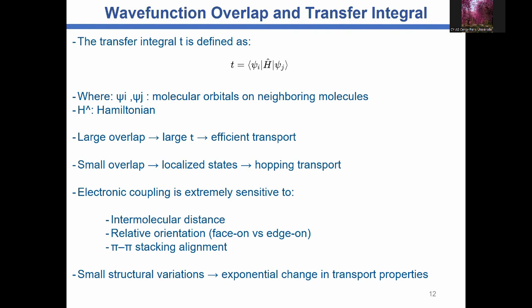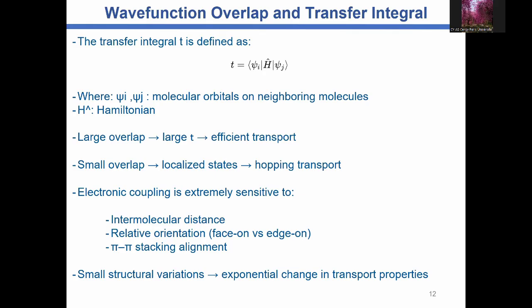Just to remind you of the wave function overlapping and the transfer of the state, we have the initial and final state and the transfer state that we manage in terms of quantum mechanics. We use the Hamiltonian to see how we can promote the transfer of the electron between the initial and final states.